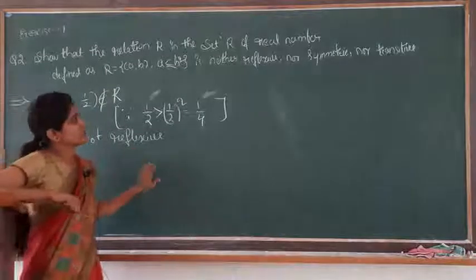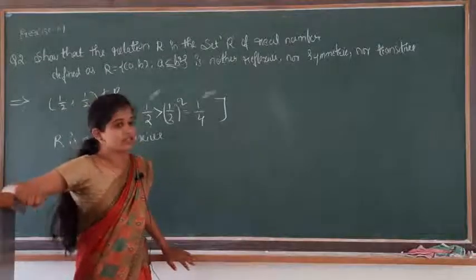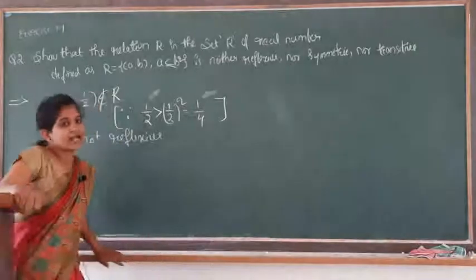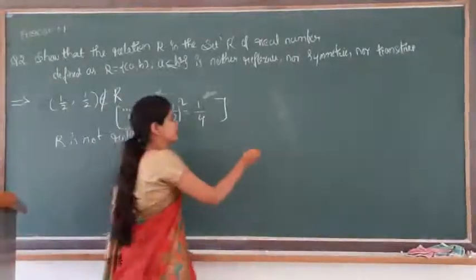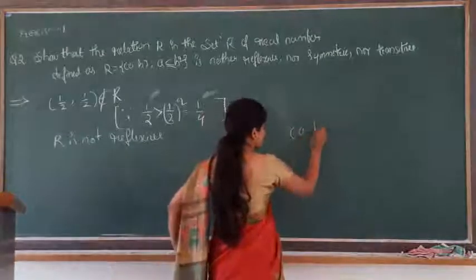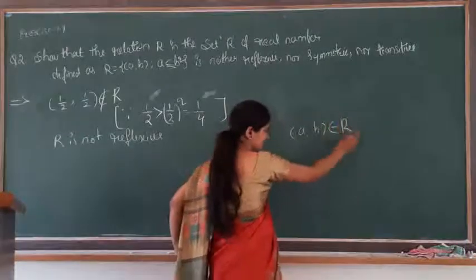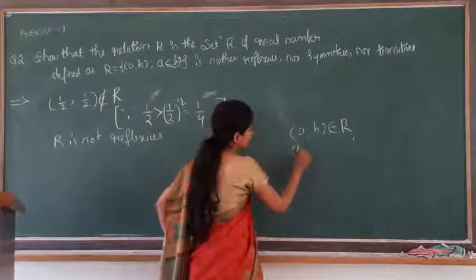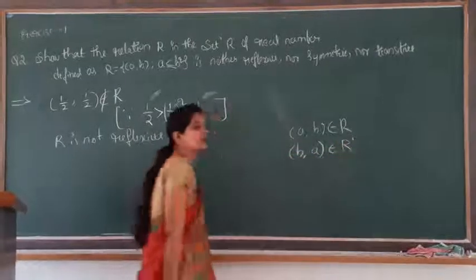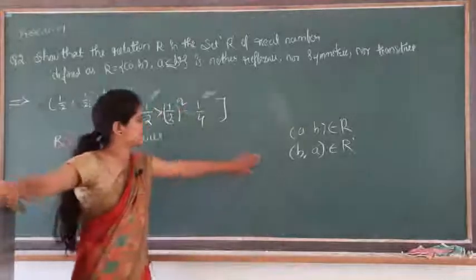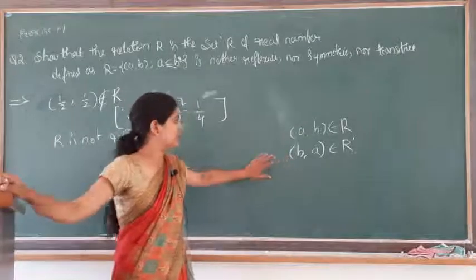Next, R is not symmetric. We have to show that R is not symmetric. According to our definition, suppose (a, b) belongs to the given relation, then (b, a) should also be in the given relation. This is the definition of symmetric.